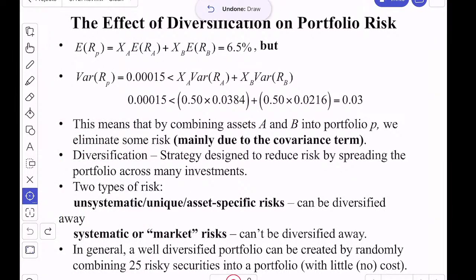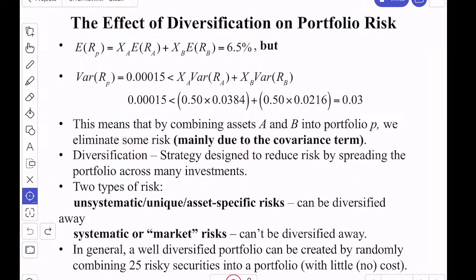All right, so combining A and B, we got that the expected return would be 6.5. On average, the expected return is 6.5.